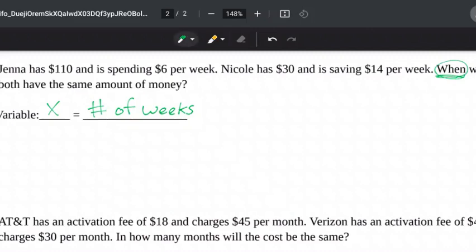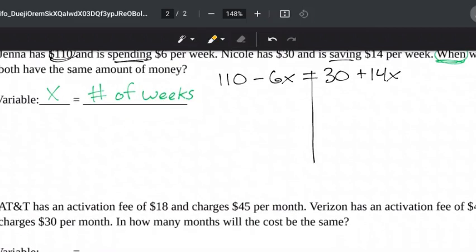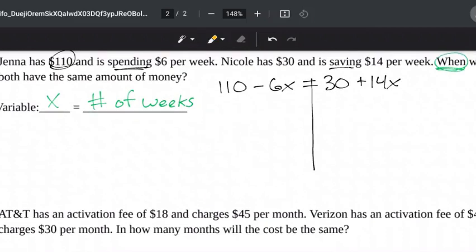So Jenna has $110 to start and is spending. Spending means subtraction, so subtracting $6 per week. Then we have Nicole has $30 and is saving, so that's adding $14 per week. Now we have our equation. We have 2 parts or 2 things that are equal to each other, and we go ahead and solve.